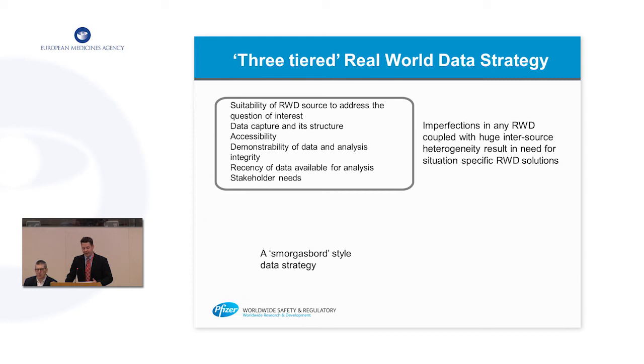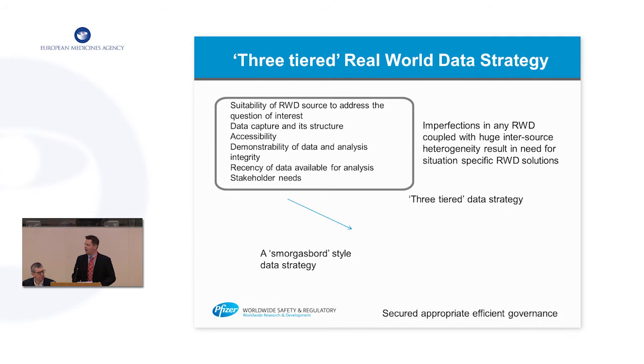Demonstrability of data and analysis integrity is key and I think underpins many of the discussions we're having today. And recency of data availability for analysis, as well as thinking about the stakeholder needs. So not just how well have I done the study, but can I communicate and articulate that clearly to a given stakeholder. So we have a smorgasbord style strategy of how we think about data.